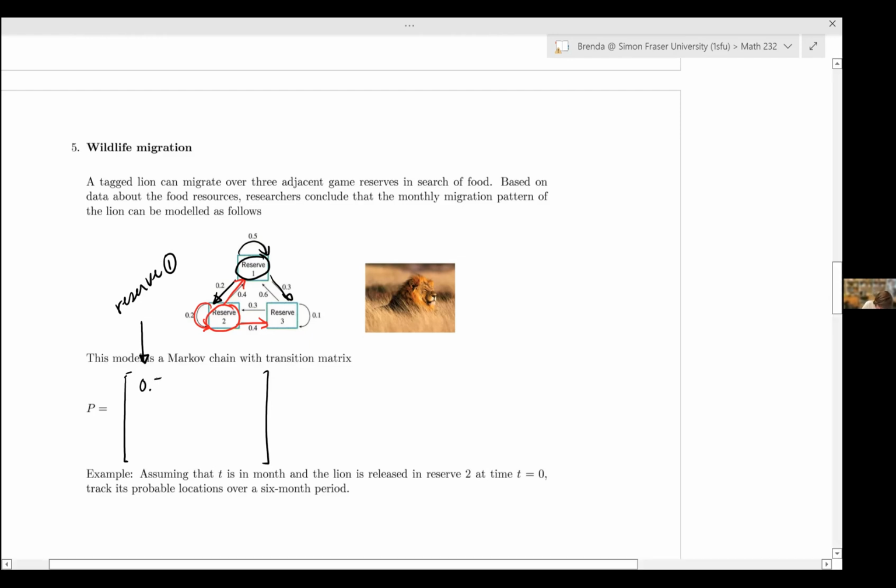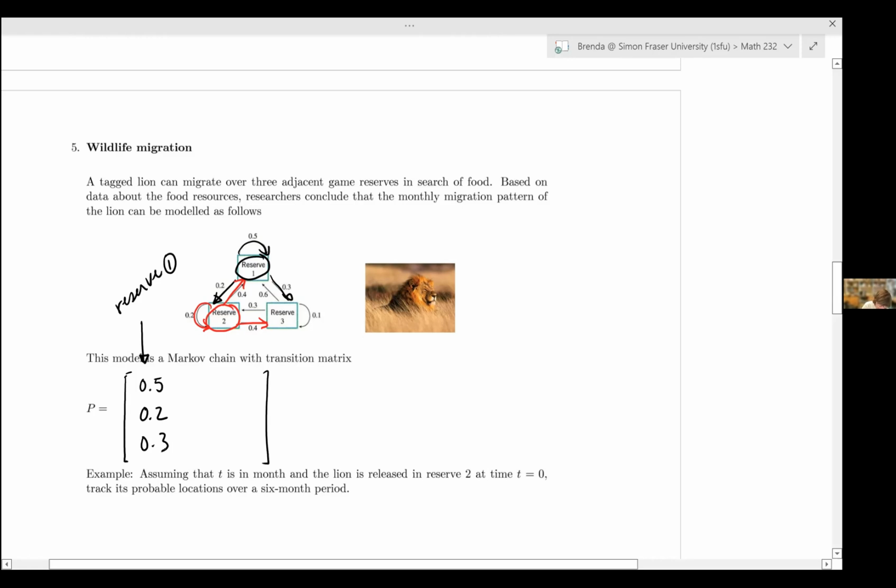Put that number here. What's the probability that you go to reserve 2? What's the probability that you go to reserve 3? That column tells us what happens in the next time state if you're in reserve 1.